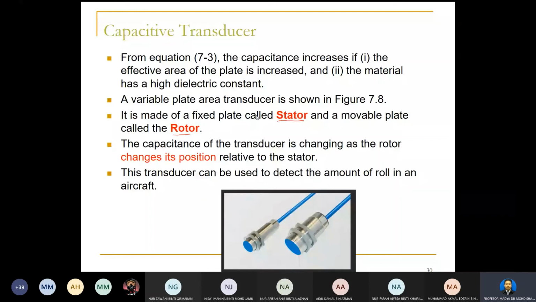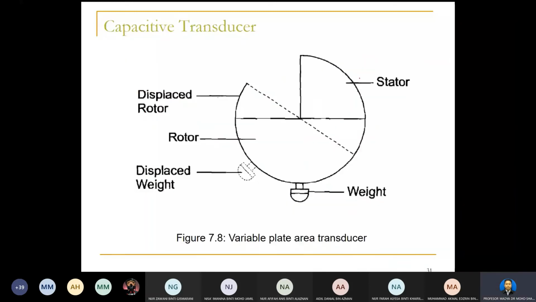You can see this stator will be fixed, and this one will move, either to here or to here. So you can see the weight will be changed. Initially it will be here, and then it will change to here or to here. This is what we call the capacitive transducer.